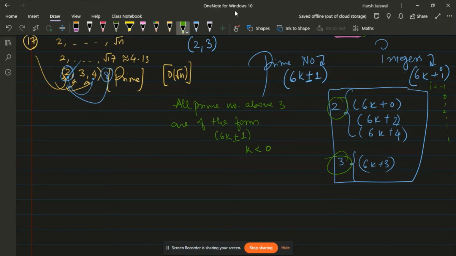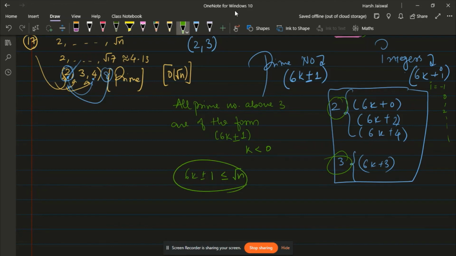First of all, we're going to check whether the given number is divisible by 2 or 3. If it is not, then we'll go through all the numbers of the form 6k plus or minus 1 less than or equal to root n. Okay, going to check in this range.